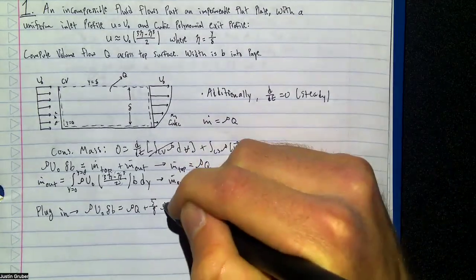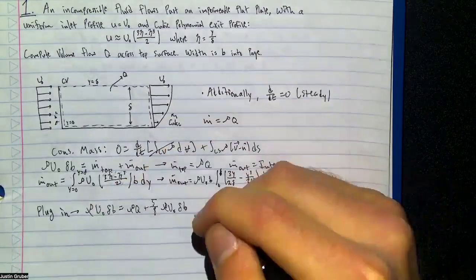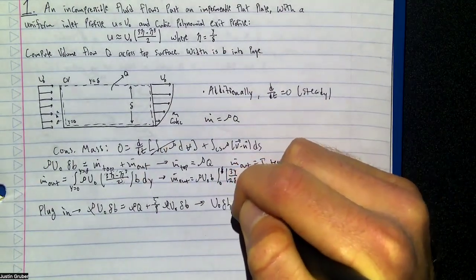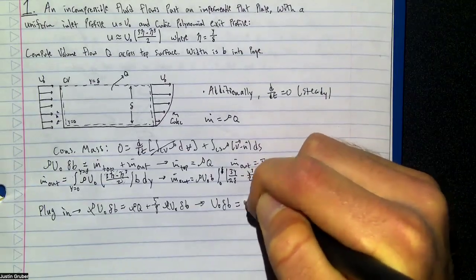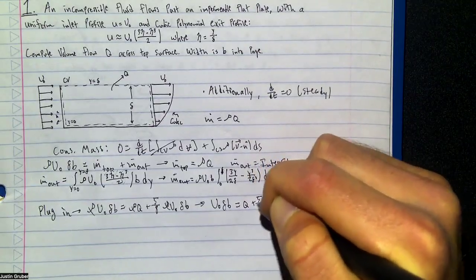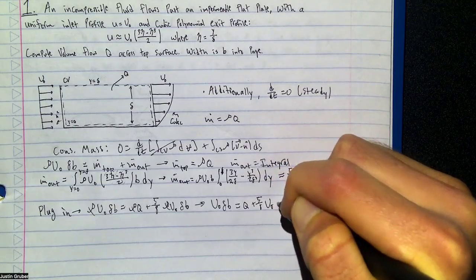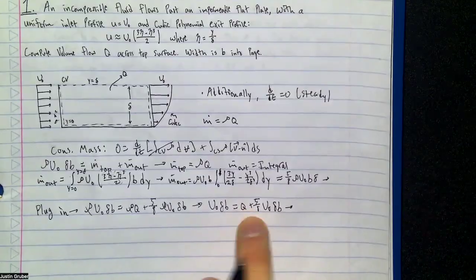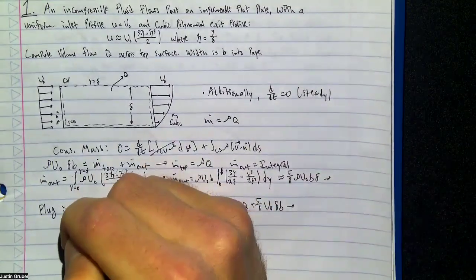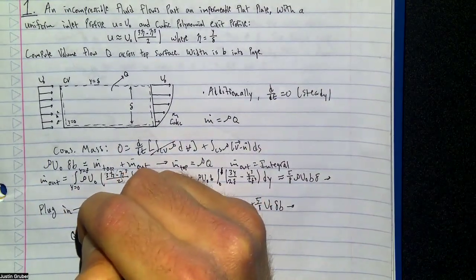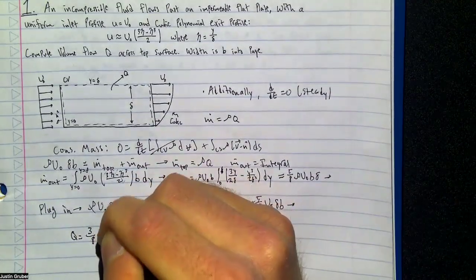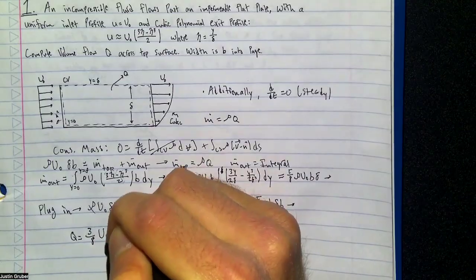Go simplify and factor out a density, so you get u naught delta b equals q plus 5 over 8 u naught delta b. Go math it out, solve for q: subtract the 5/8 from that side. I'm getting q equals 3 over 8 u naught delta b.